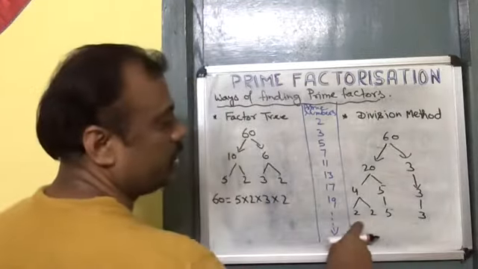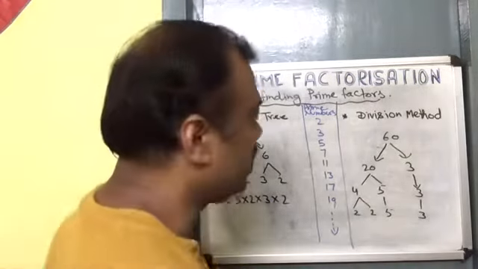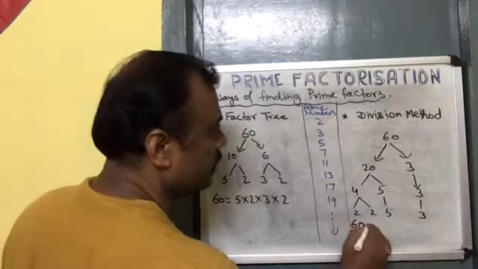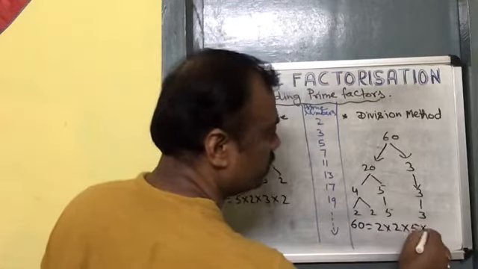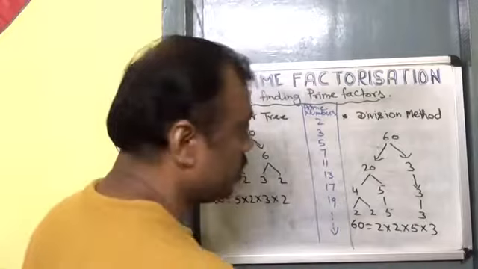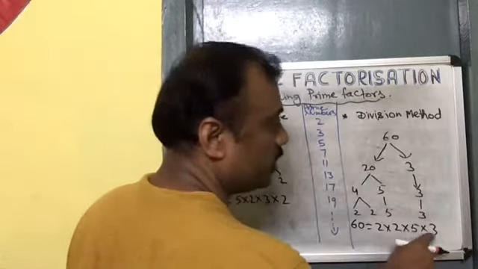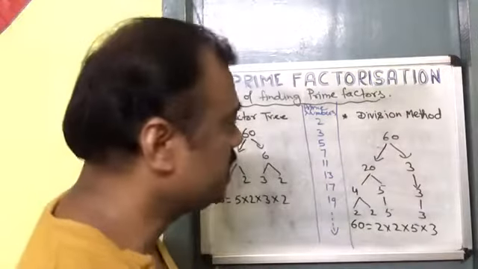You see here we got the prime factors of 60: 2 into 2 into 5 into 3. Let us check it. 2 fours are 4, 5 is 20, 3 is 60.